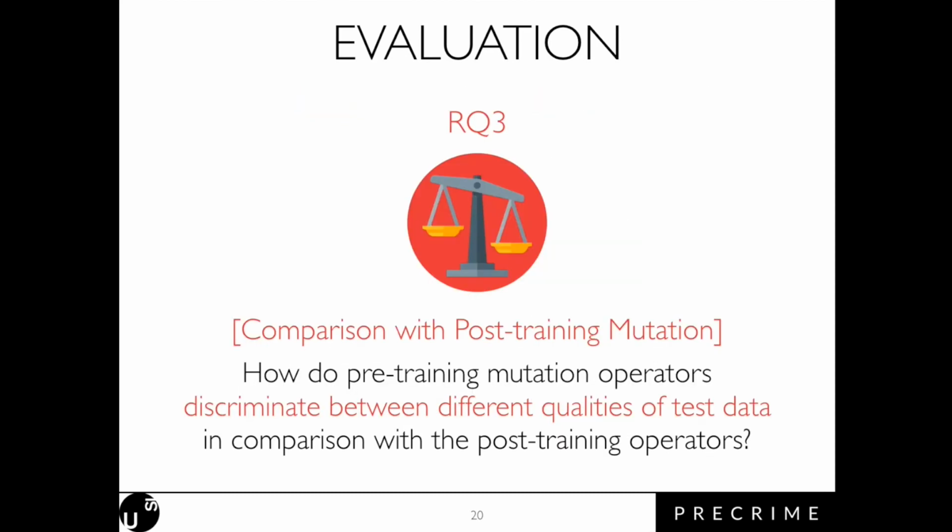And finally, we wanted to compare our pre-training mutation operators with those available, which, if you remember, I described before, those that train the model and then just randomly tweak the weights of the model. We wanted to know whether we are actually better at judging the quality of the test suite.